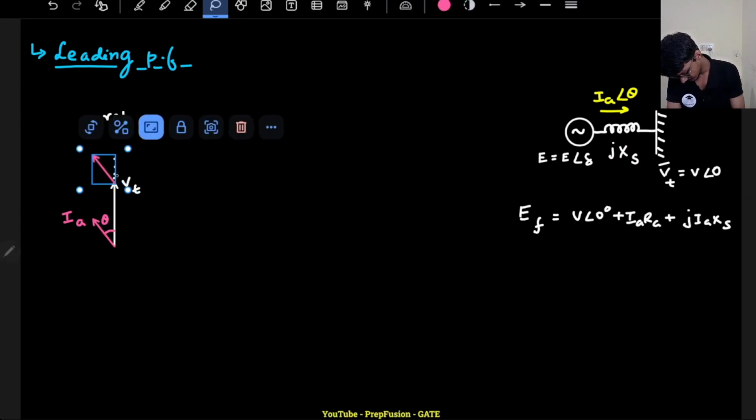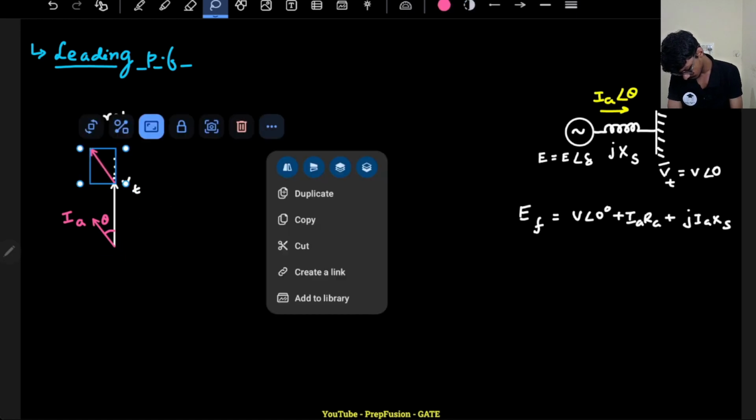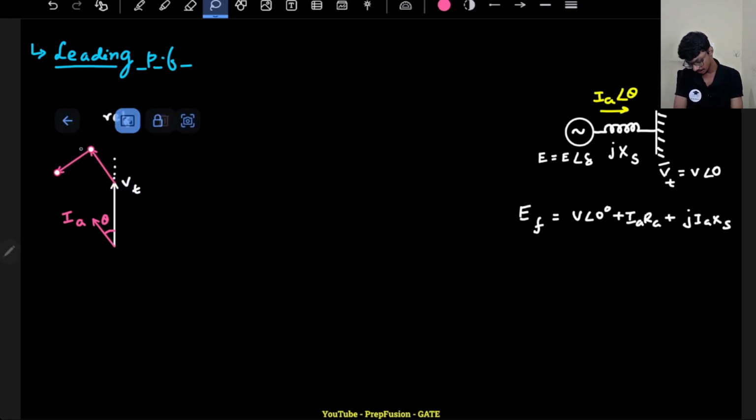So this will be IRA is in the same direction, and I have to flip this by 90. So yeah, you are observing, it is basically going downwards.